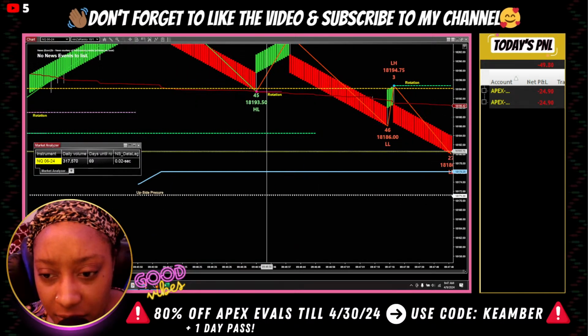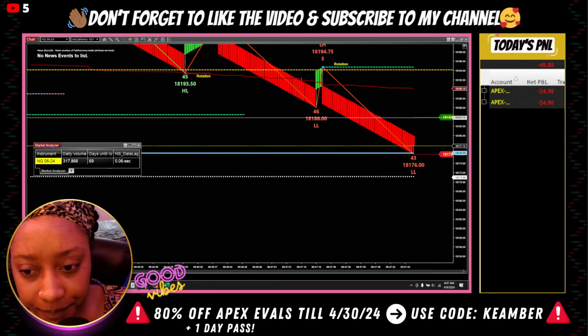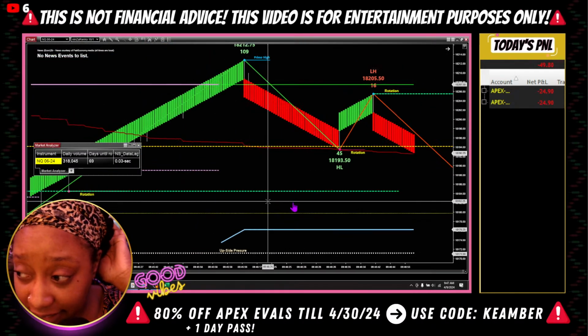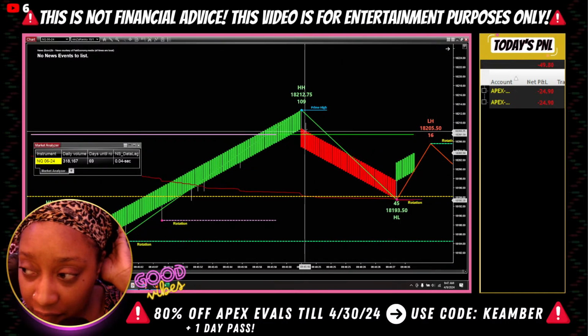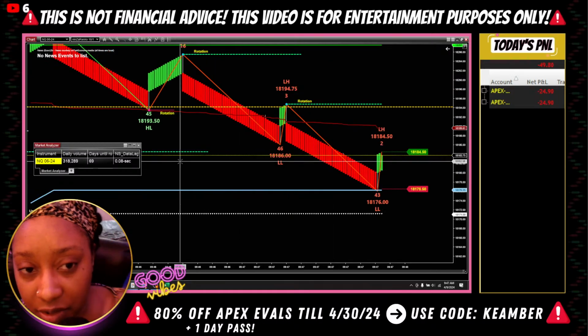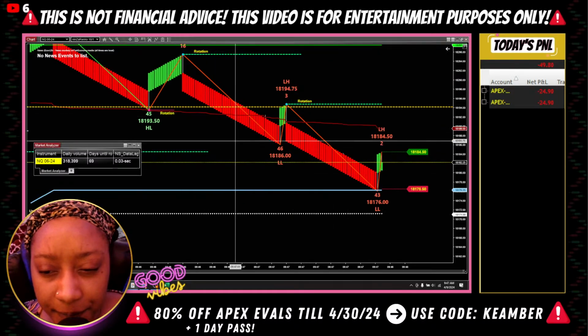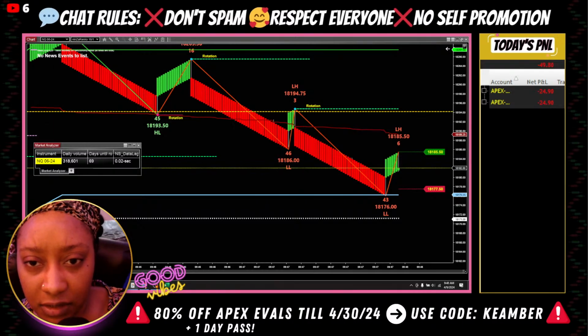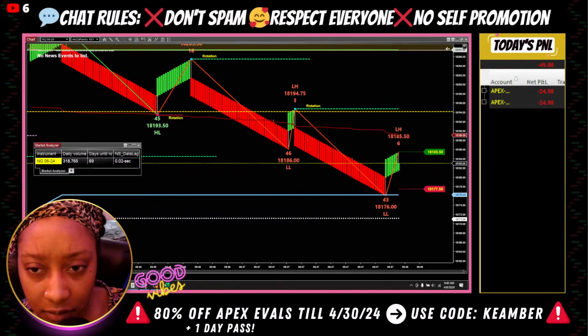Negative $5 plus commissions. All right, same things like earlier. It's happened twice today so far. Clear the first part of the zone, not the second, and then we push back down to the pressure level. I forgot to actually draw the zone anyway.